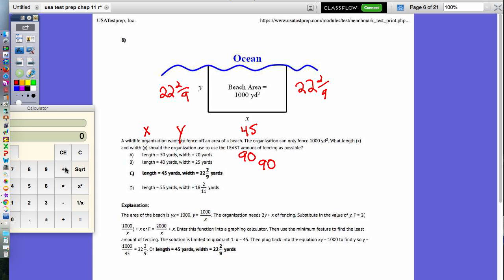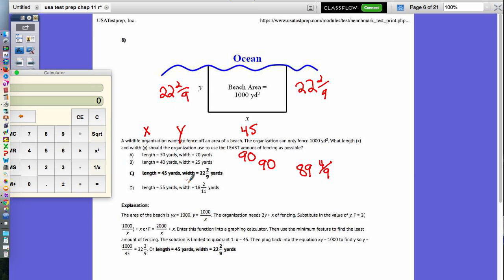That's going to be 22 plus 22 is 44, plus 45 is 89 and 4/9. Okay, so this one is going to be 55 yards plus 18 yards plus 18 yards. So my whole numbers are 91. That's already going to be larger than the others. And 2/11 plus 2/11 is 4/11.